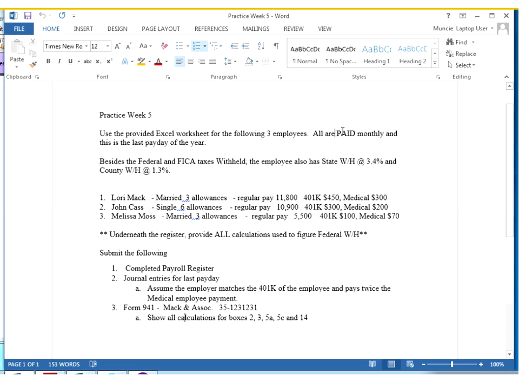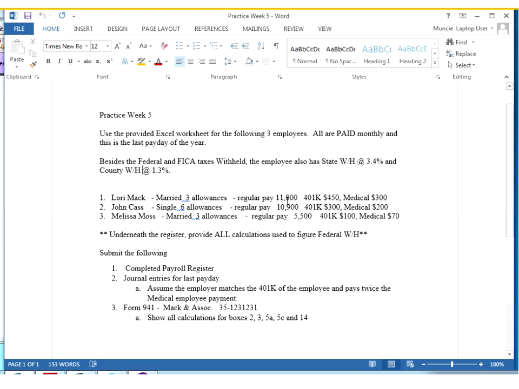So we're going to look at these 3 employees. We're going to make it easier on us in that they're paid monthly. I tell you what the state withholding percentage is, 3.4%, we're assuming the Indiana rate. County withholding, we're going to assume 1.3%. We've got the 3 employees, and these allowances and married type are going to be critical to determine our federal withholdings.